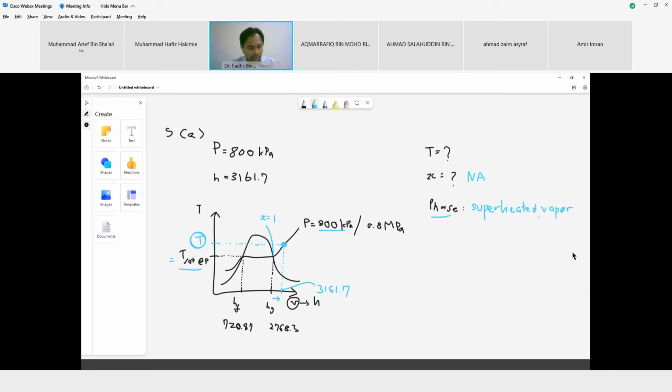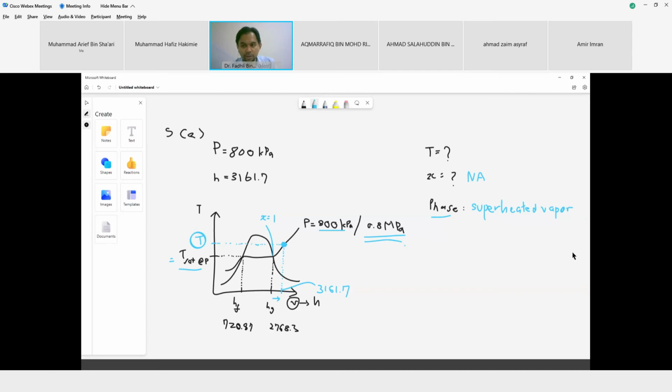Now I will teach you how to get the data from this table A6. The pressure given is 0.8 megapascal. So find the 0.8 megapascal column. First, find the 0.8 megapascal column.